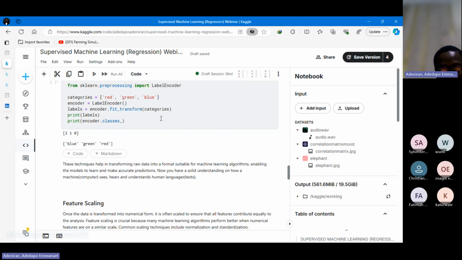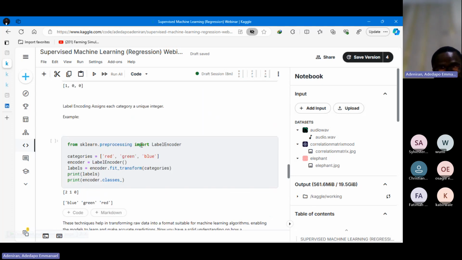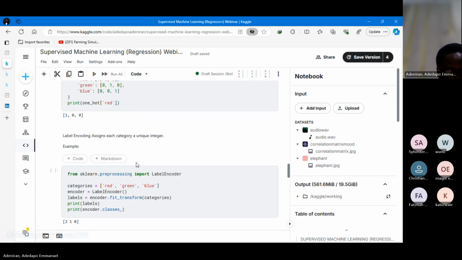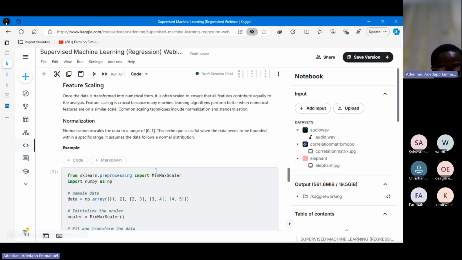In such a case where we do not have an order, we can just use one-hot encoding if it's not ordinal. So these techniques help in transforming raw data into a suitable format for machine learning, enabling it to learn and make predictions.